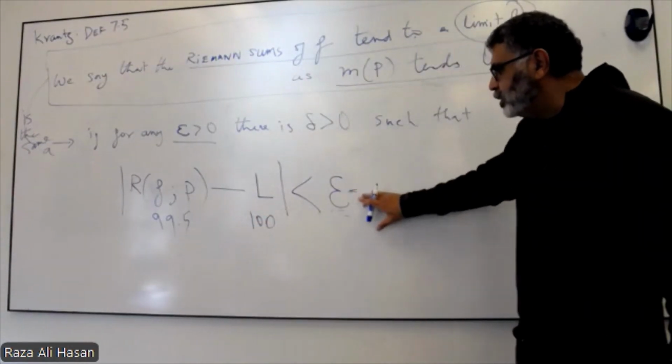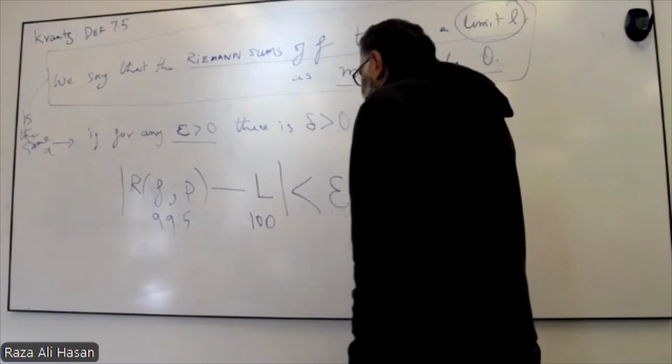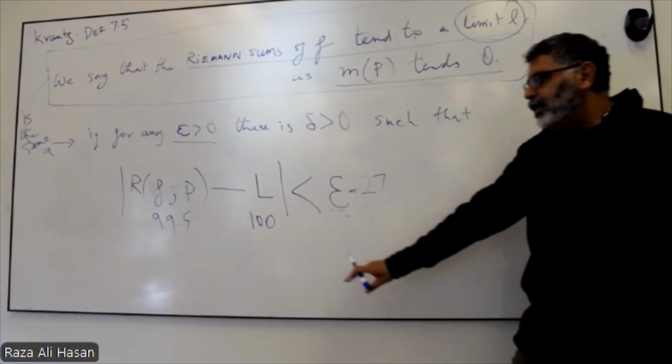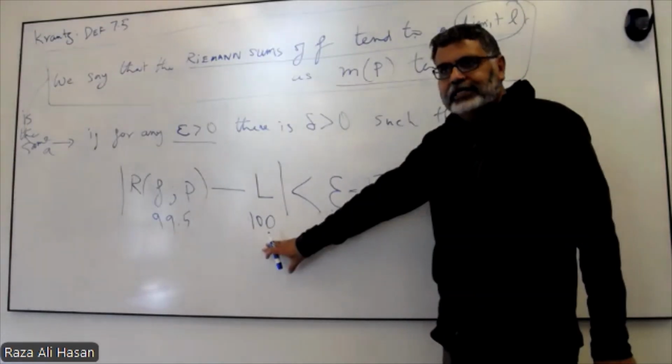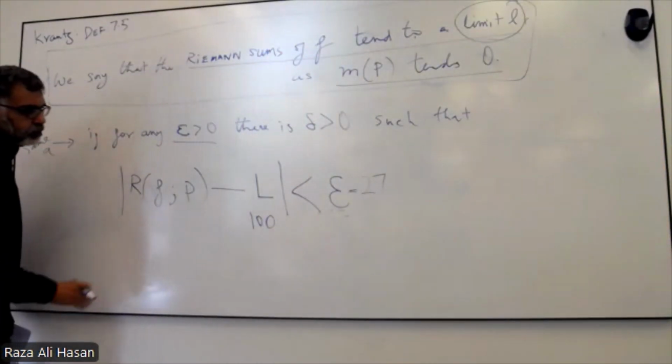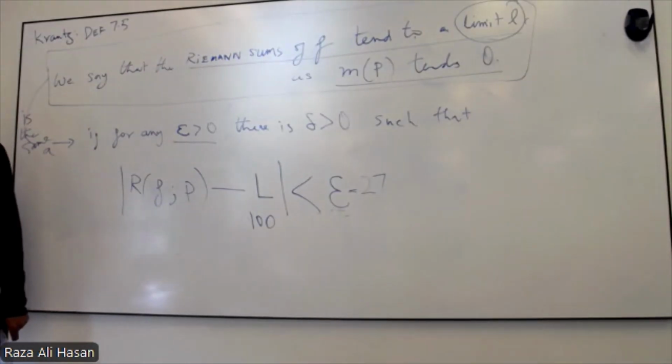If I chose this to be 27 and 100 is the exact area under the curve, then this better be what? What is 27? So that's 75, 73, 72. Will 72 work?